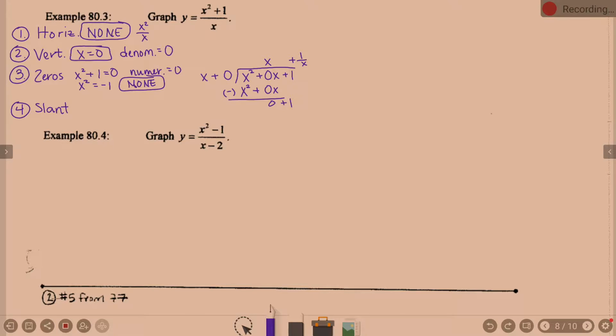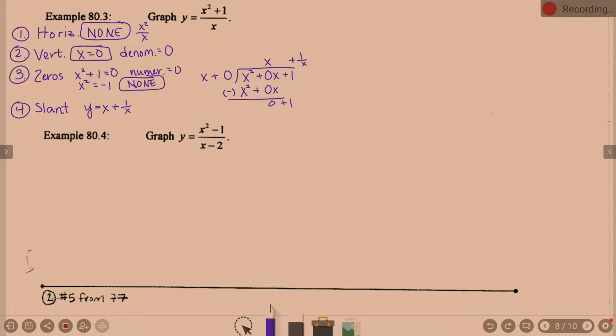Now, I'm showing long division for the purposes of you need to see it. But keep in mind, guys, x plus 1 over x, that officially is my slant asymptote. Because it was just an x, we didn't really have to do long division here. Think about this. We had a single denominator. X squared divided by x is x. 1 divided by x is 1 divided by x.